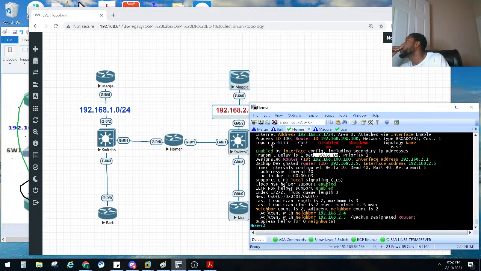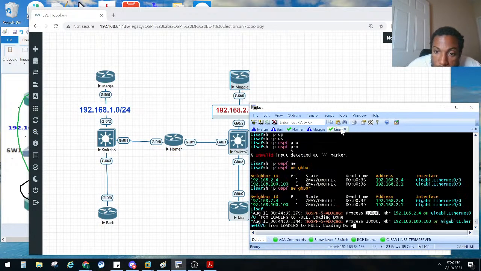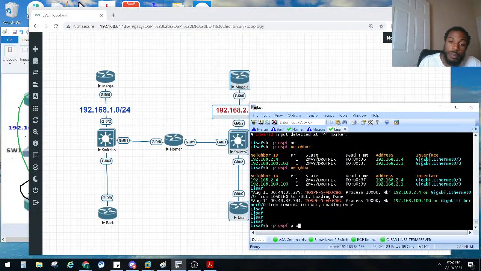Morrison said, did you include that network on Lisa? I don't remember if you did. You're right. Let's see. Did I do that network? Yes, I did, because we wouldn't have been able to ping across if that was the case. So show IP OSPF neighbor.